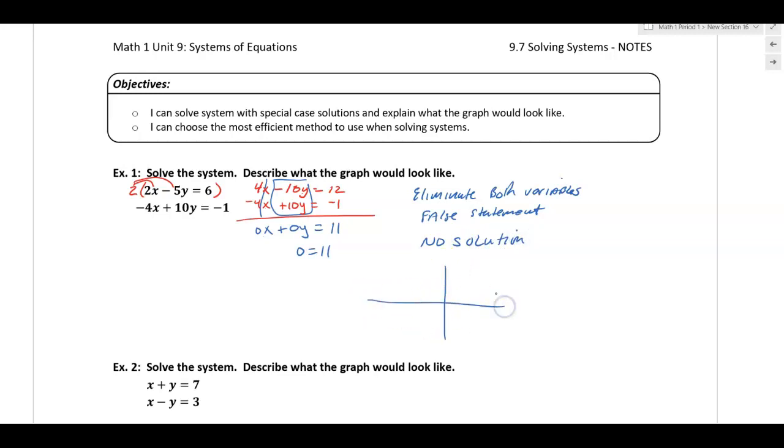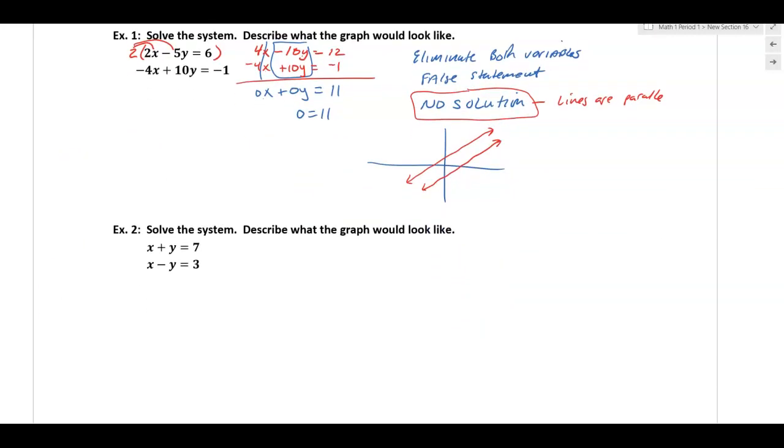And as we said at the beginning of the chapter, if a system has no solutions, what does that tell us about the lines? The lines would not intersect, meaning they are parallel. So that would tell us the lines are parallel. Okay? So, one solution scenario is no solution.